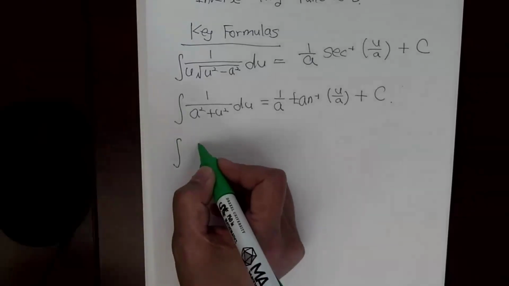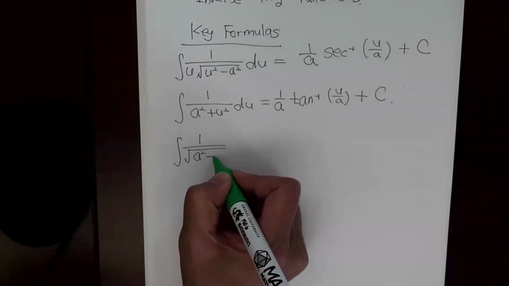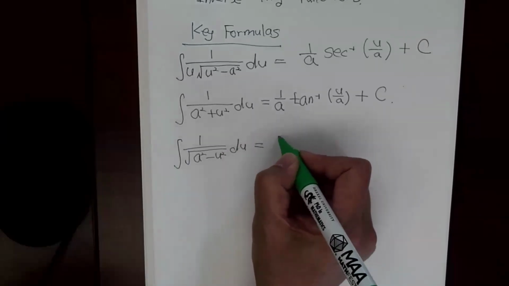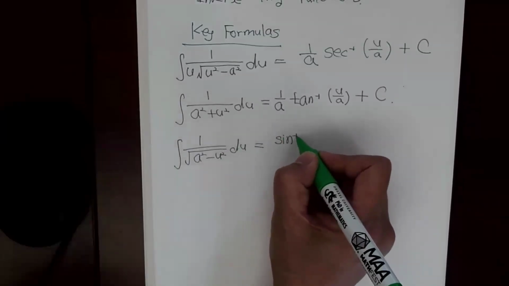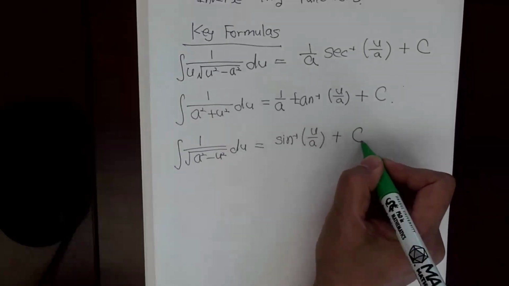The next one is integration 1 over square root of a squared minus u squared du. And then that is sine inverse of u over a plus c.